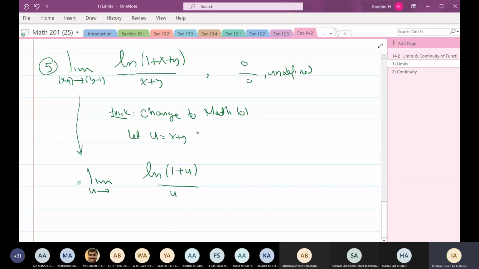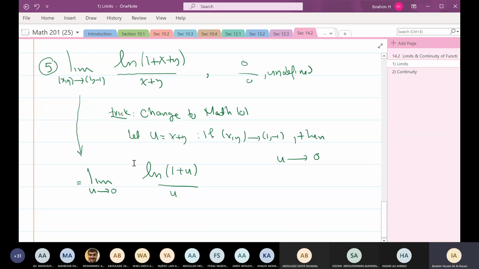So now if (x,y) approaches (1,-1), then what will happen to u? Then u will approach 0, because u equals x plus y. This is the relation. If x equals 1, y equals minus 1, the sum will be 0. So you will approach 0. Then I put u approaches 0.